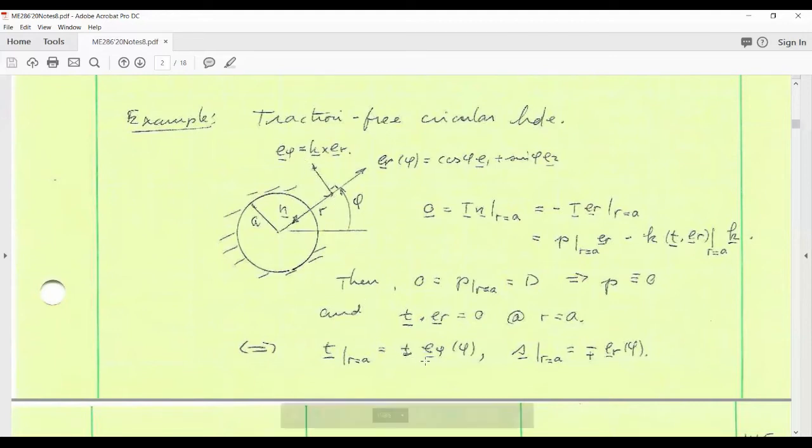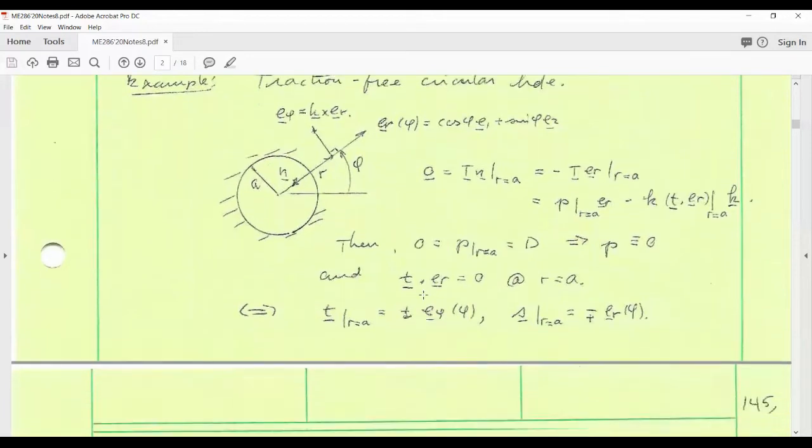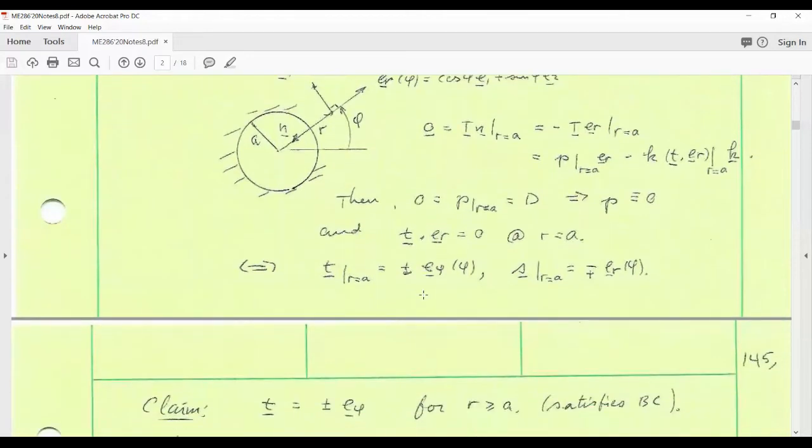So it's either plus E phi or minus E phi. In S, then, the orthogonal trajectory to T, if you pick T as plus E phi, then S is minus ER, and likewise, T equal minus E phi would imply S is plus ER. You have those two possibilities because of the choice of sign.